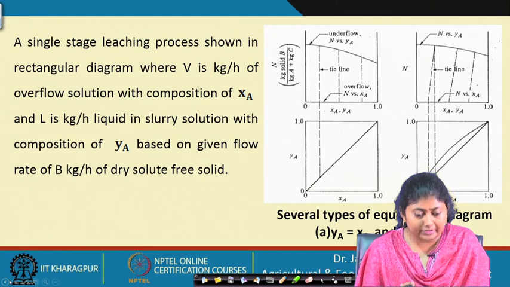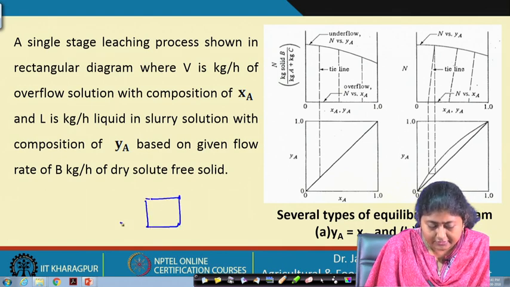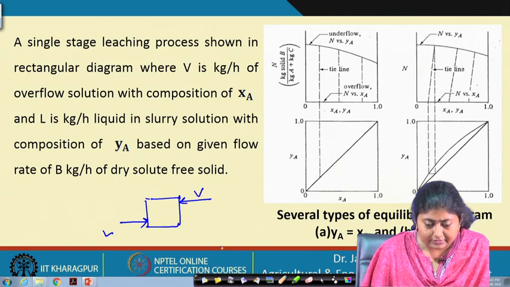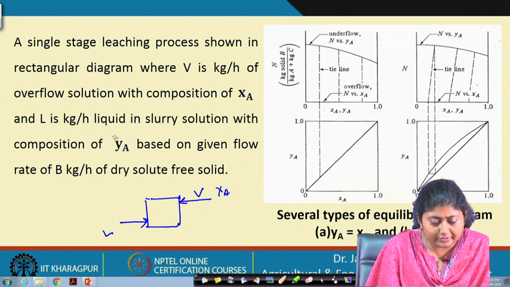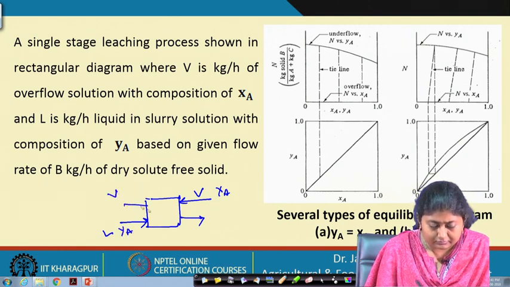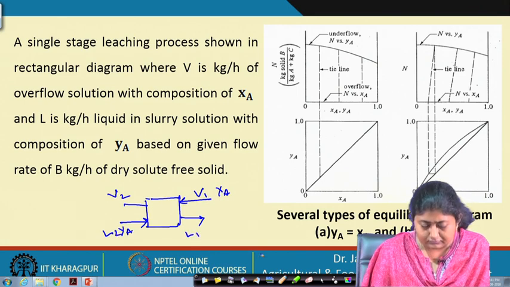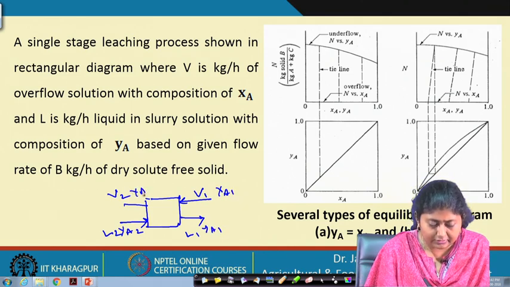Okay. So we were here. In a single stage that we have seen, L is the slurry entering, V kg per hour is the overflow solution with composition of X A, and L kg of the liquid that is in the slurry solution has composition of Y A. Any notation you can give to them, x A 1, x A 2, like that.